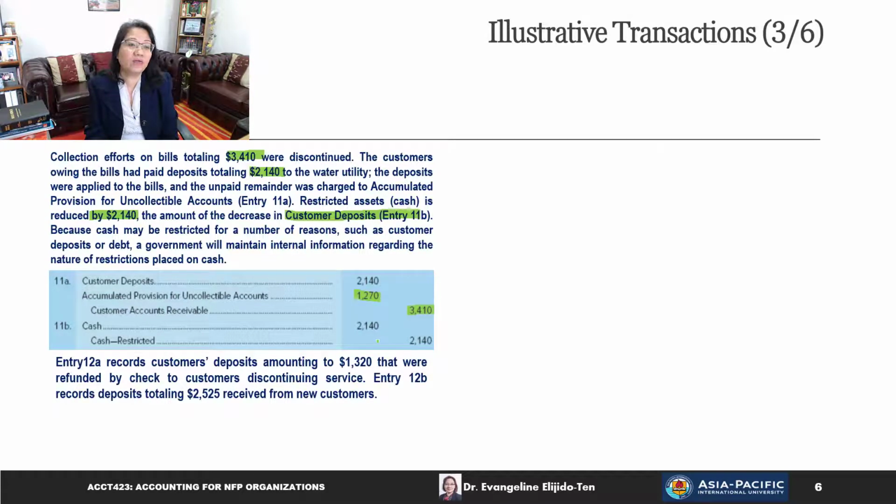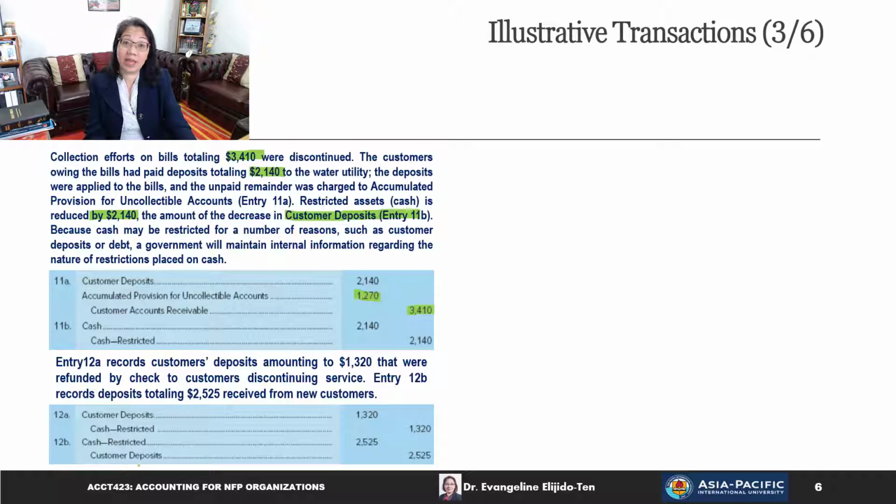Now, entry 12A records customers' deposits amounting to 1,320 that were refunded by check to customers discontinuing service. So it is likely that some customers might want to discontinue their service and so they'll get back their deposits. So how do we enter that?